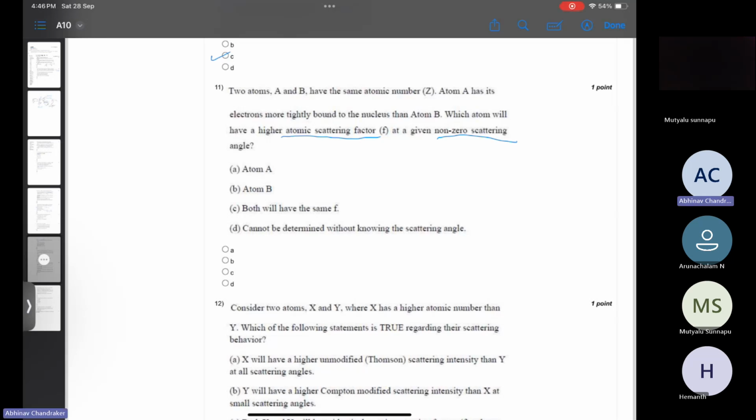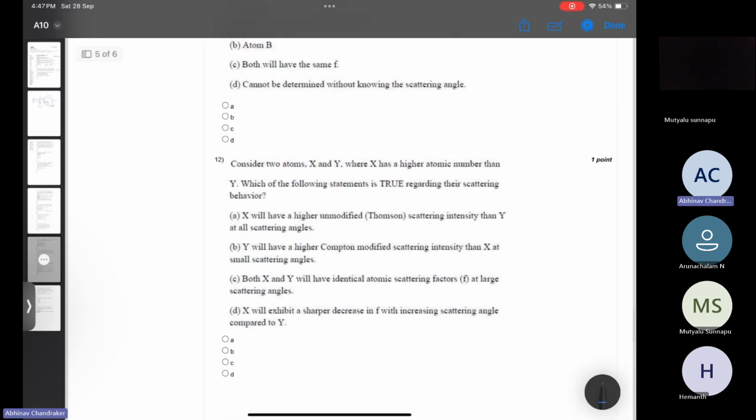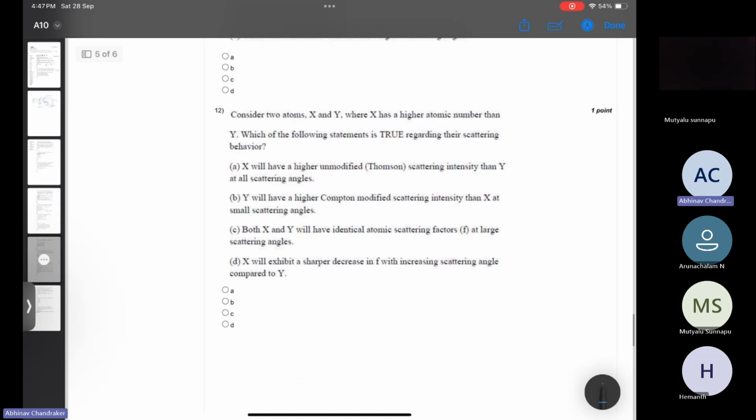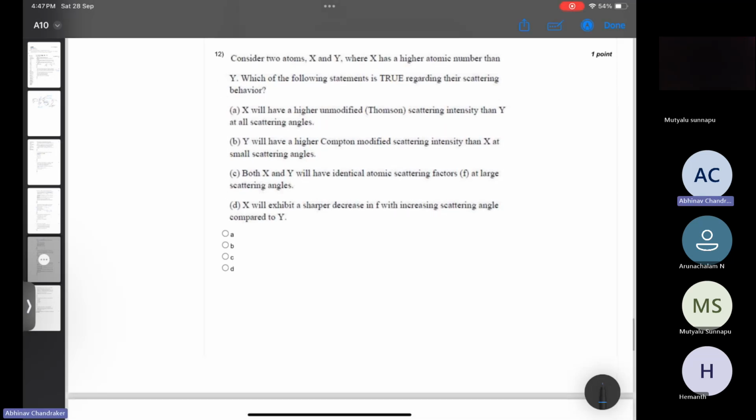So if the phase difference is less, then we can say that the overall scattered beam will have a higher intensity, since there will be more constructive interference. So the answer should be A. I hope this was clear. This was a bit of a tricky question. Now let's go to question 12.